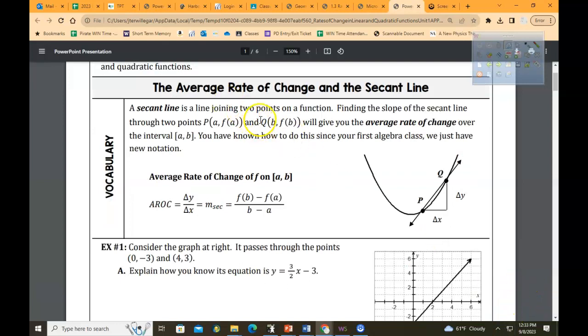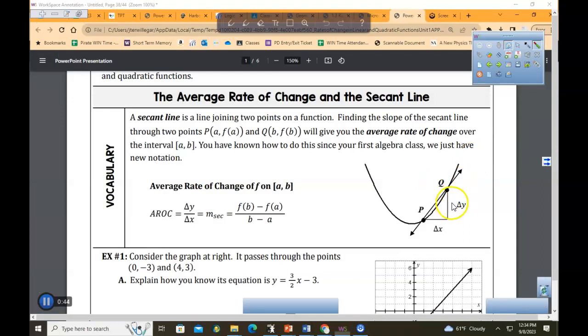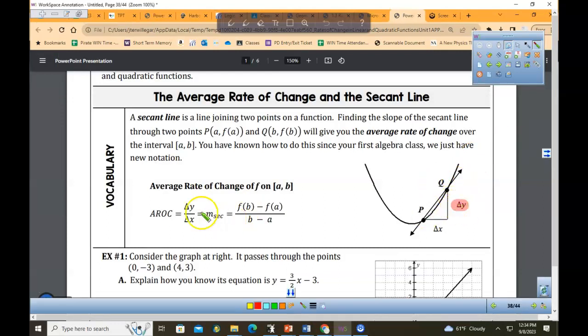So a secant line is a line that connects 2 points on a function. To find the slope, we do the change in y over the change in x, which we know change in y is the same thing as f of b minus f of a.